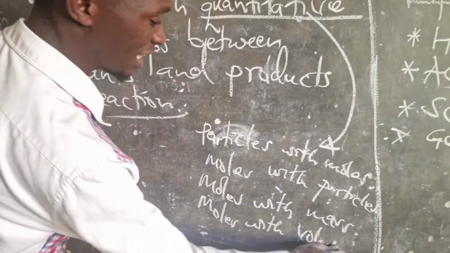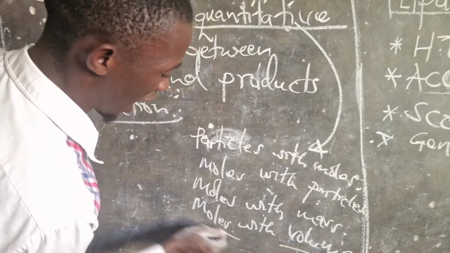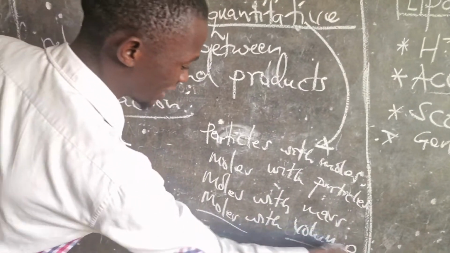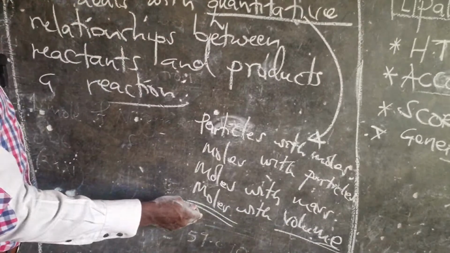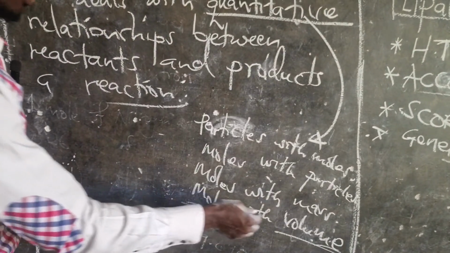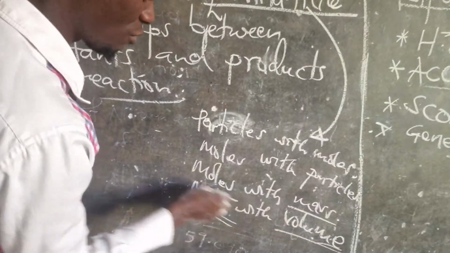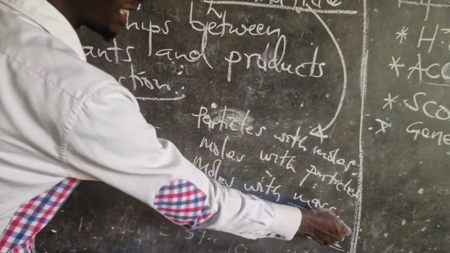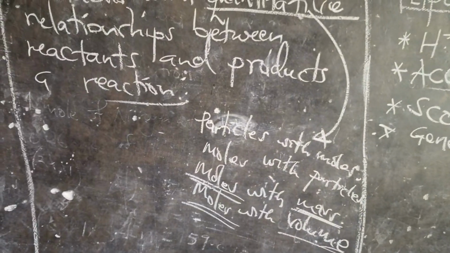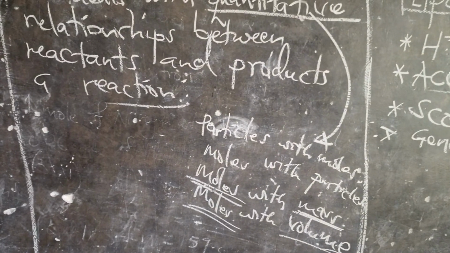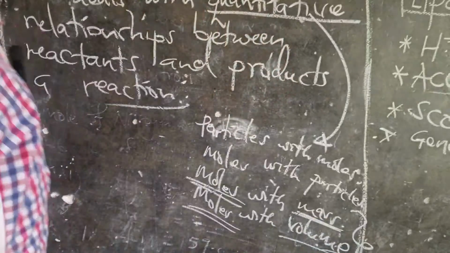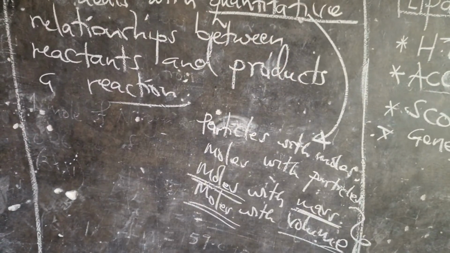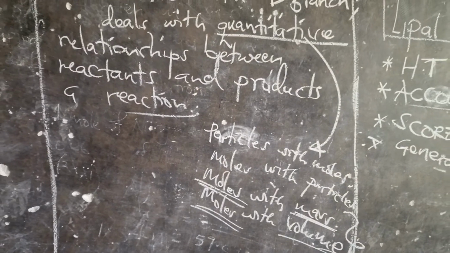We are going to see how masses and volumes, masses and moles of reactants and products relate in any reaction. And this can only be obtained when we write a correct chemical equation that is well balanced.